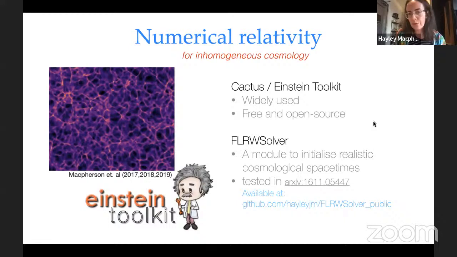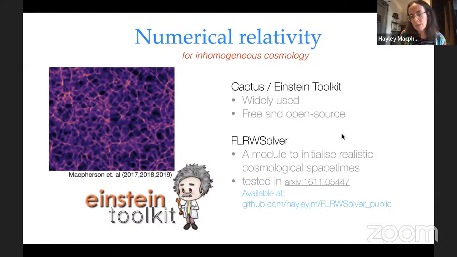So we use a code called the Einstein Toolkit, which is a part of the Cactus infrastructure. And so this is a really widely used free open source numerical relativity code that's used a lot for simulations of binary black holes and neutron stars. And in particular, I wrote a module called FLRW solver to just pass initial data into this already widely used numerical relativity framework.